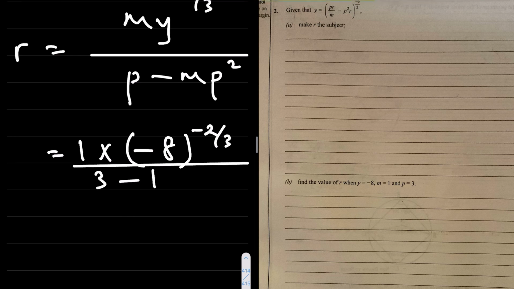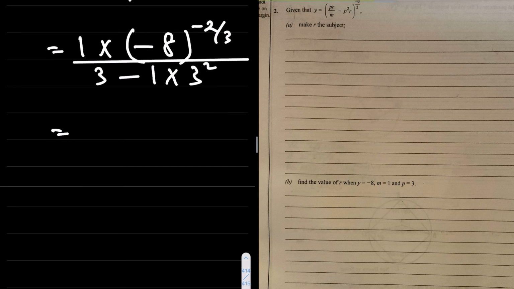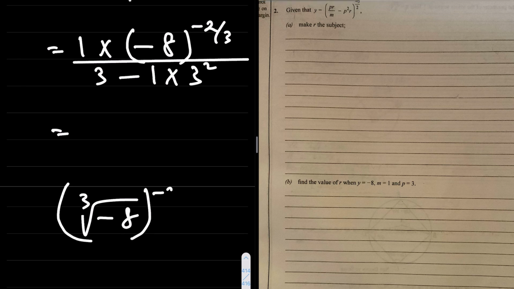That simply means minus 1 times 3 squared. And that's the same as minus 8 raised to the power minus 2 over 3. Simply means the cube root of minus 8 raised to the power minus 2. And we know that the cube root of minus 8 is minus 2. So that means minus 2 raised to the power minus 2.